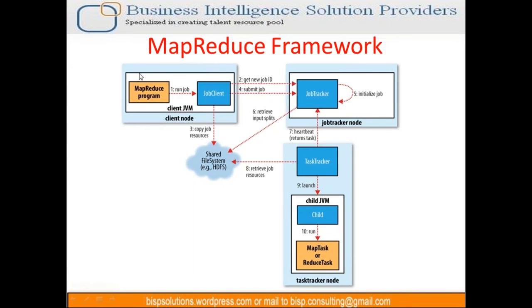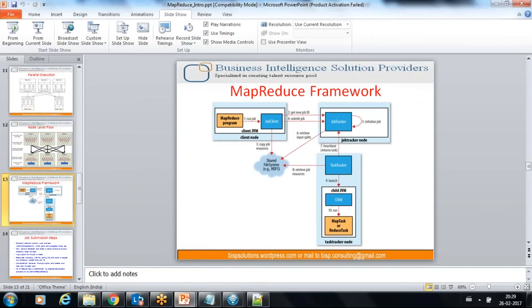The moment you say run the job, you submit, it invokes the job client, and then the job client talks to the master. The master gives you a job ID, and then all of this process will flow. So that's how the flow is.